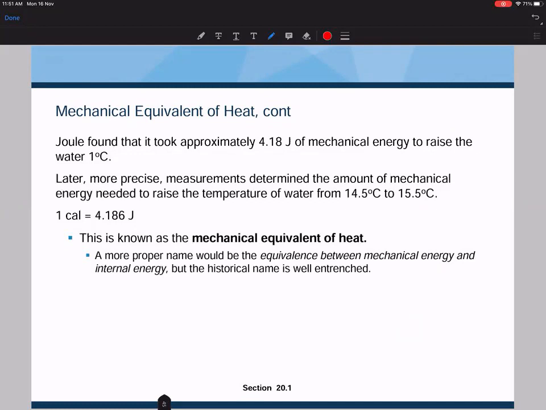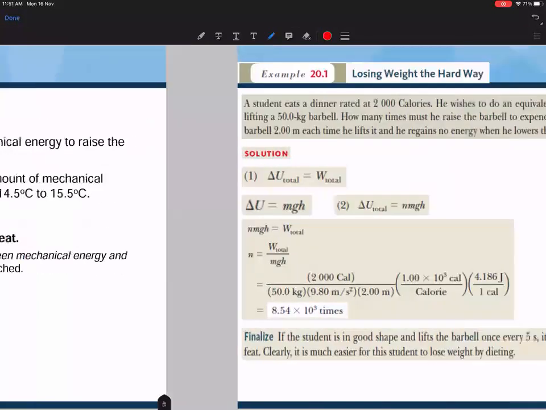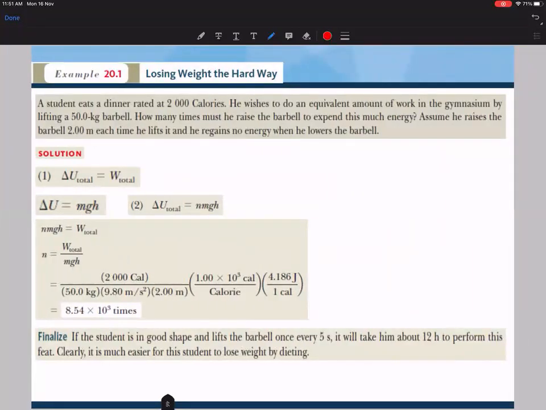So let us take a look at an example and see how they could be converted from one form into another. Here, you have a student who just had a big buffet and consumed a lot of calories.